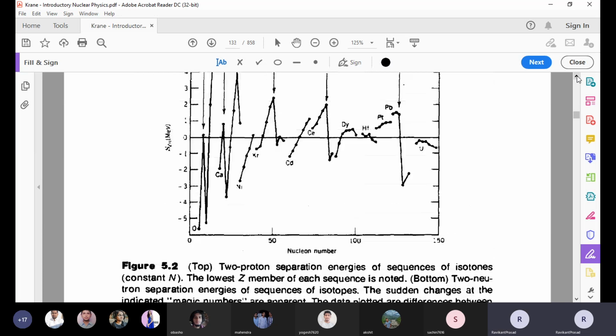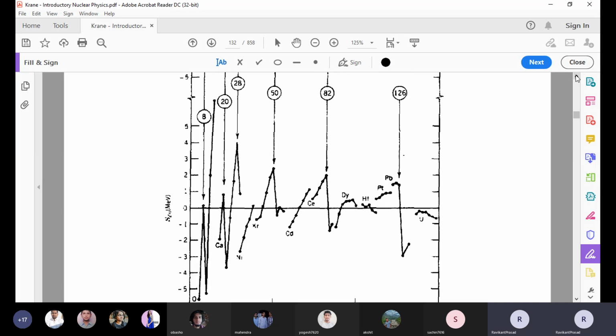Is it clear? So now we come to the fourth evidence, that is the binding energy per nucleon difference between the measured value and the calculated value.